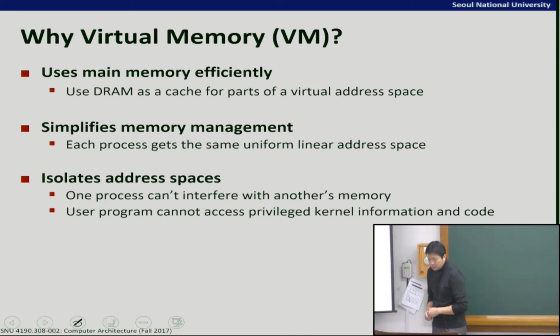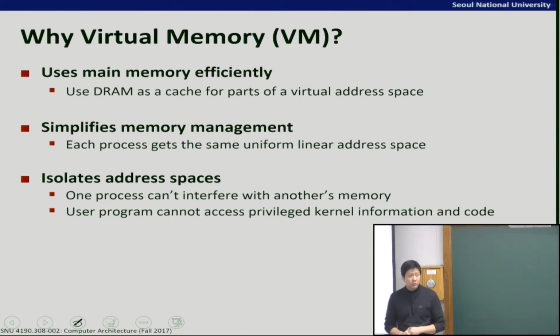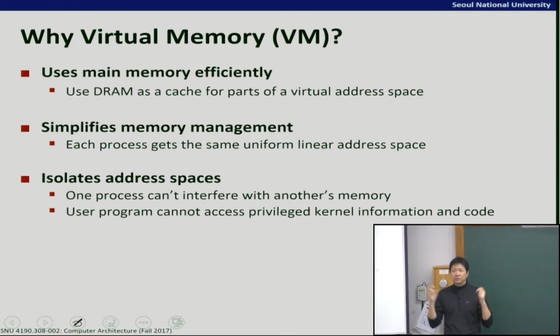And finally, it allows you to isolate address spaces. Isolation, right? Let's say your program is using physical addressing. Then using a physical address pointer, you can access an arbitrary location in the memory, right? But maybe some of the memory locations have sensitive, privileged information.